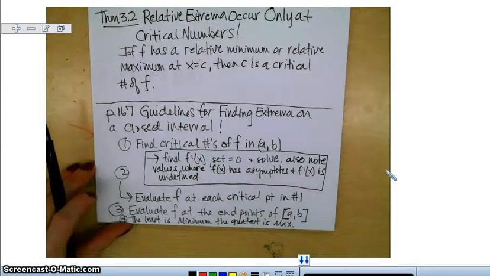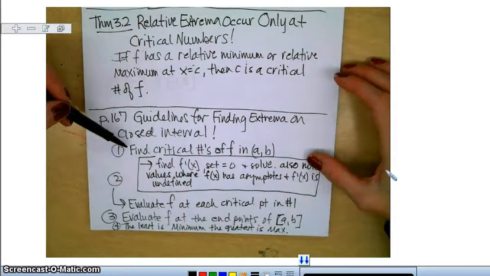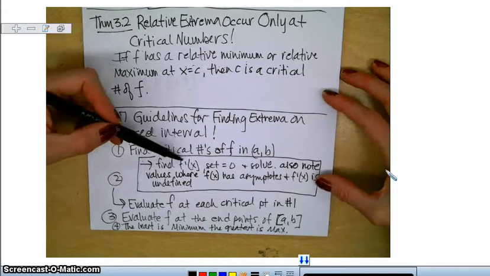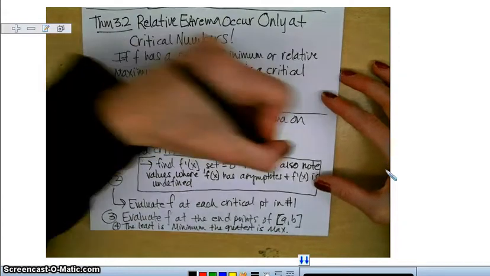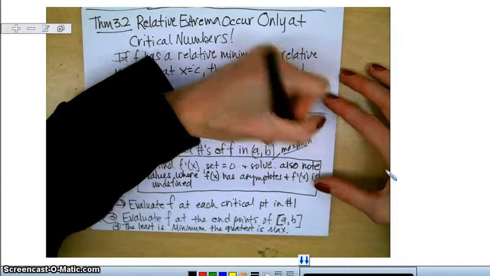So here are guidelines for finding extrema on a closed interval. The first thing you're going to do is find critical numbers of f in (a, b). The way you do that, you find the derivative, set it equal to 0, and solve it. Those will give you your maximum and minimum critical numbers.